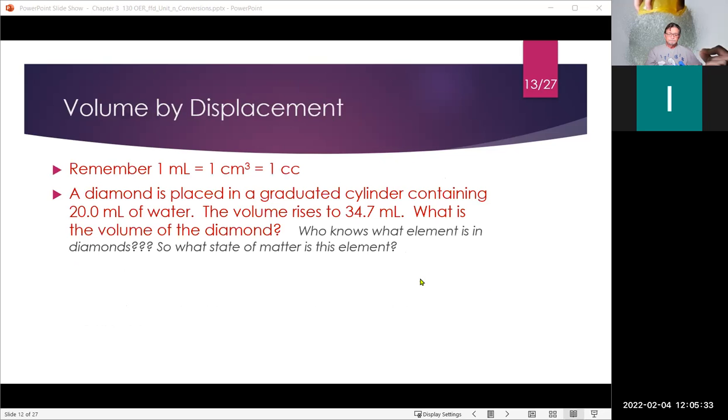All right. So we're going to get into volume by displacement. This is pretty self-explanatory. I know you're well aware of this. Let's say you jump into a jacuzzi, a tub, anything that contains a body of water. What happens to the volume of that container? That volume goes up.